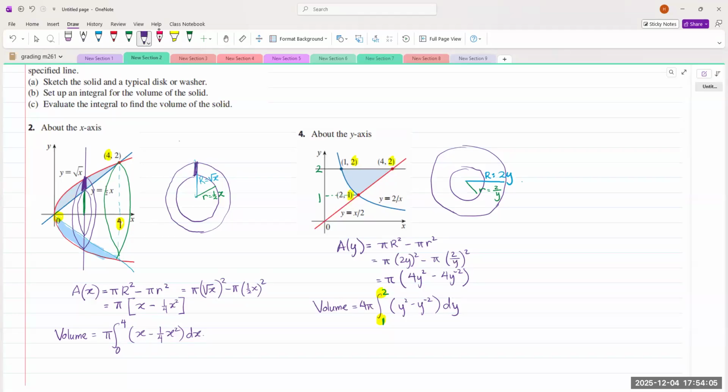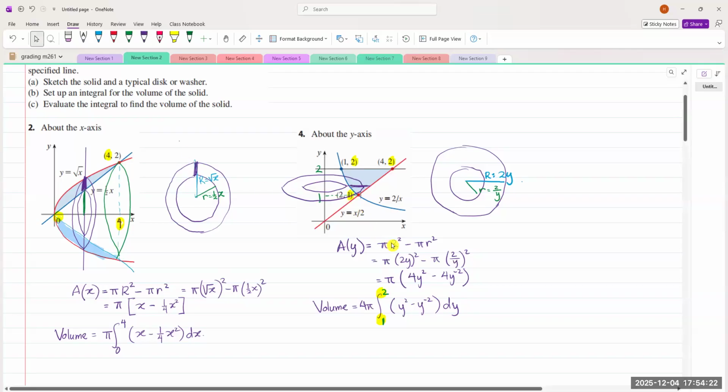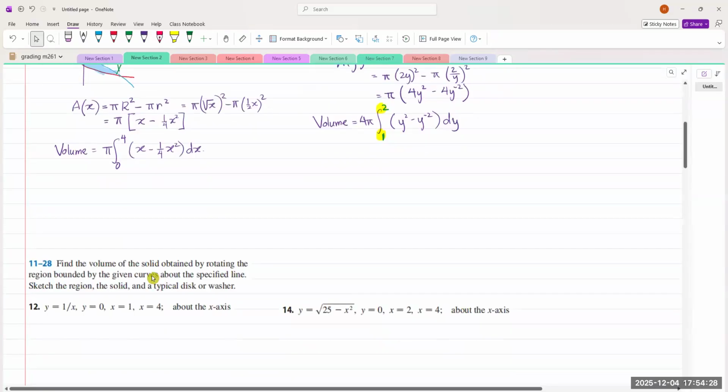Now let me draw back that typical line segment which we rotate. Now again, I believe you should be able to integrate that yourself. Okay, let's go on to the next question.